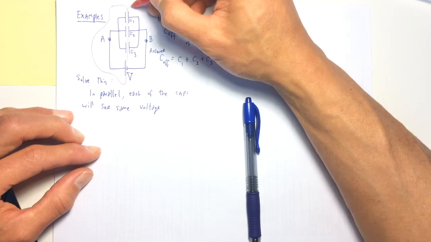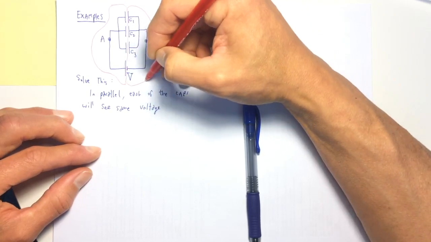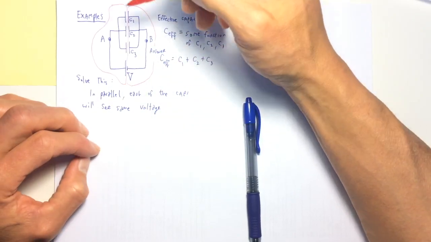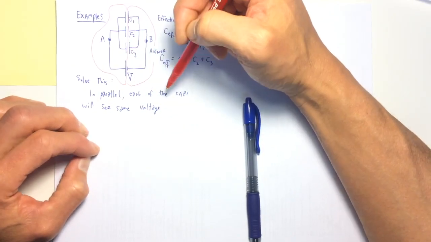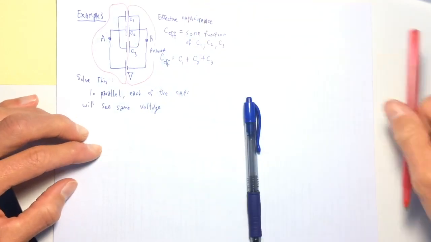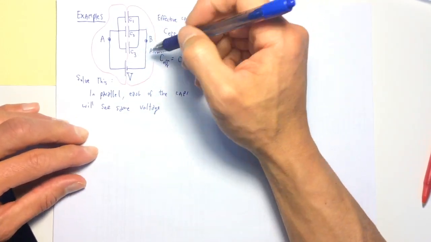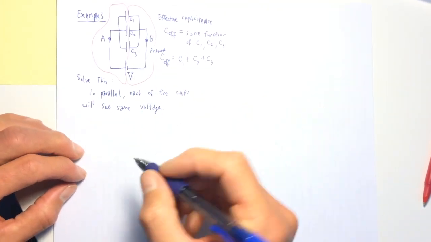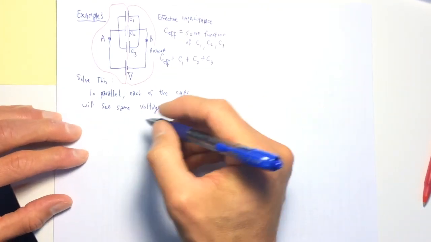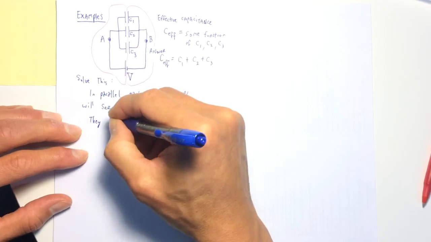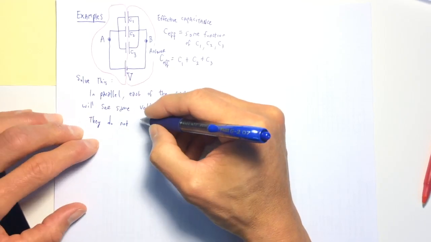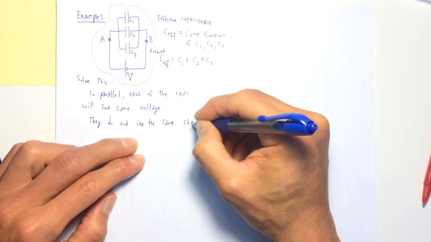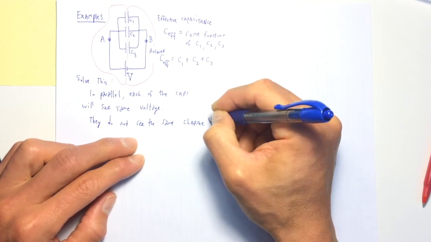And likewise, I've got the other piece of metal. So I've only got one potential difference in this whole problem, and every separate element has the same potential difference. So they all see the same voltage, but they do not see the same charge separation, right?